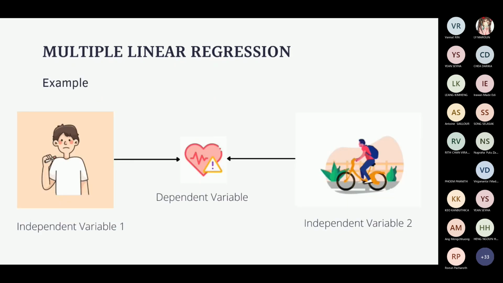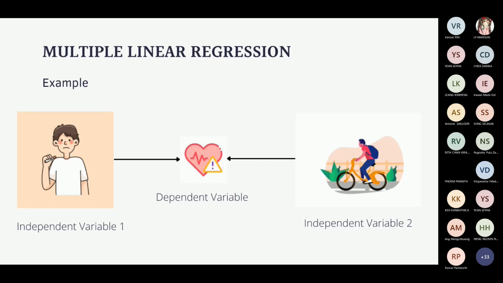Now let's look at an example of multiple linear regression. Let's say that we want to determine the percentage of people that have heart disease. We also gather the percentage of people who smoke and the percentage of people who bike to work to see how these factors affect heart disease.